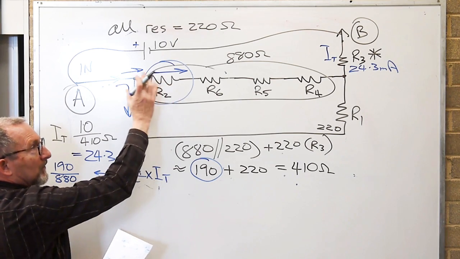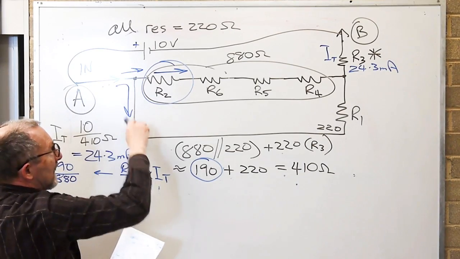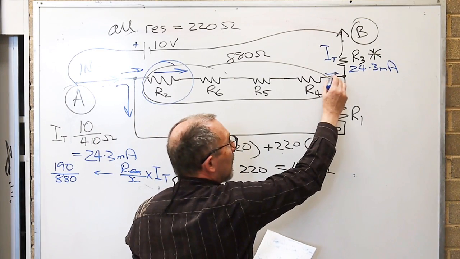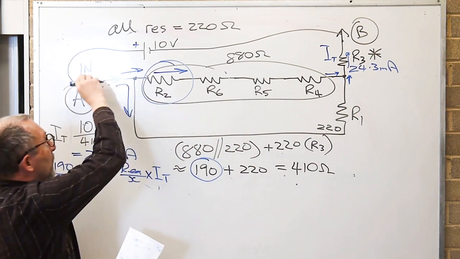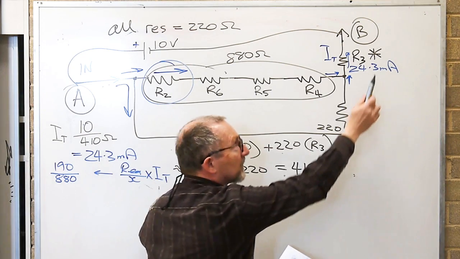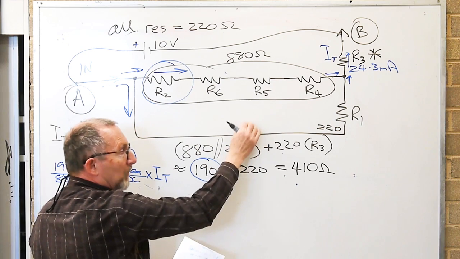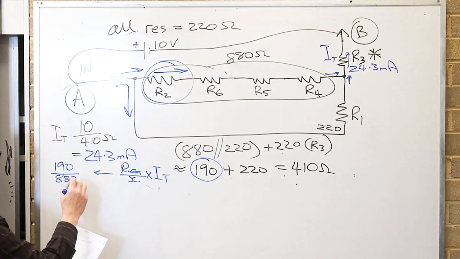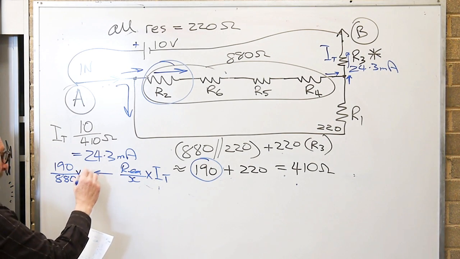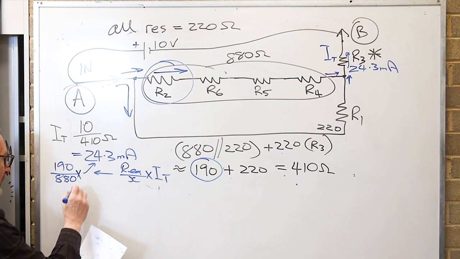I can't just take the 220, I've got to take everything in that path because the currents split here and then they merge again over here to make the output current. If 24.3 comes in, 24.3 has to come back out at that point there, but we've got a split in the middle. 220, more current's going to go through this branch than that branch. This one's going to be the smaller current. 190 on 880 times 24.3, and that worked out to give me 5.26 milliamps.